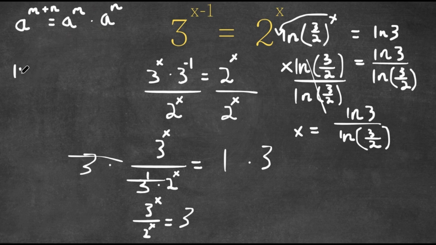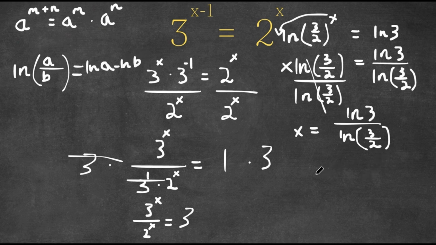in the form ln a over b, this is actually equal to ln a minus ln b.